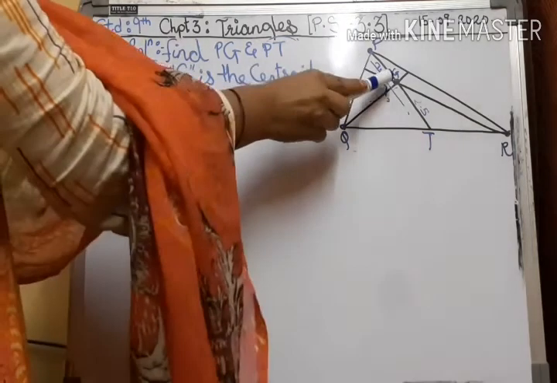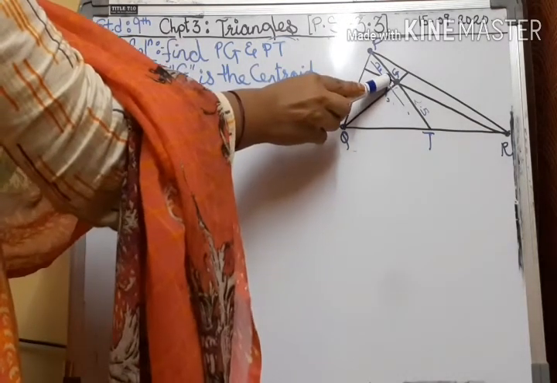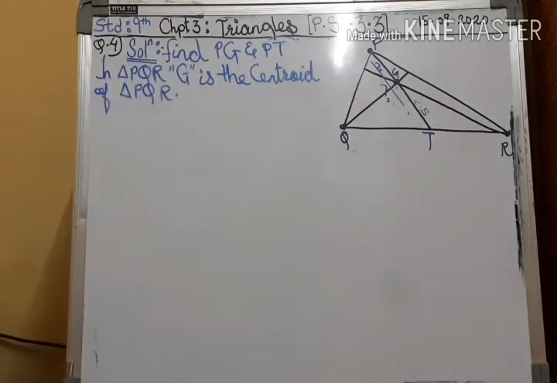The point of concurrence G divides each median in the ratio 2:1. This is an important statement.